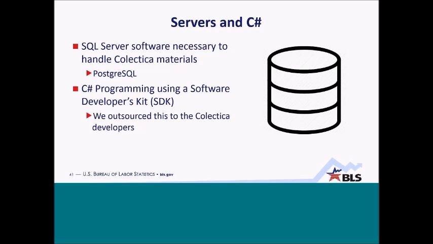But we had to buy SQL Server, and then the developers we're working with use C# and a Software Developers Kit to work with all these things. So we outsourced a lot of this work to them, and the prototype that you saw was all done through their Software Developers Kit for their portal. So it's something that you either will have to train your staff on or be able to hire somebody who knows how to do these things.